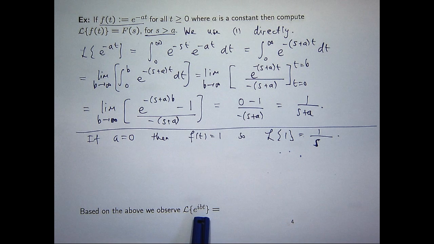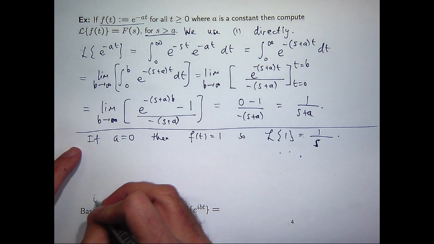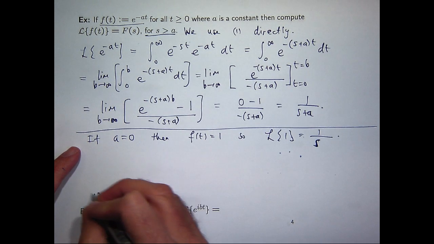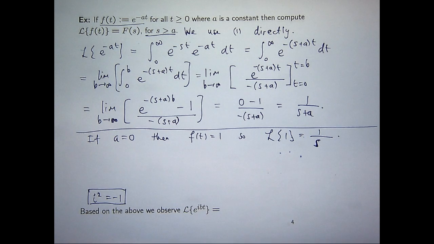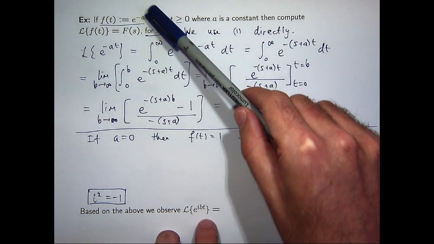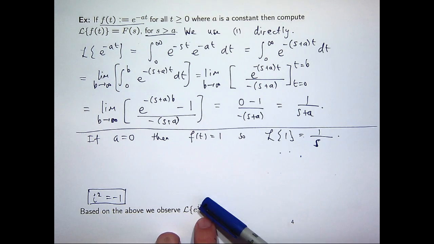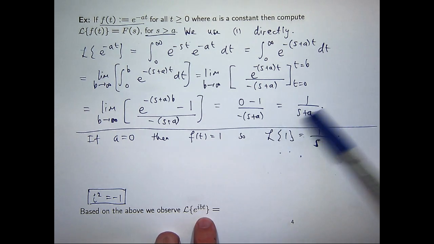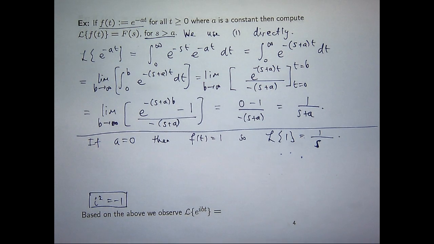Let's have a look at this exponential down here, where i is just from complex numbers, right? So it satisfies i squared equals negative 1. So if I replace, say, minus a with ib, I can work out the transform of this.